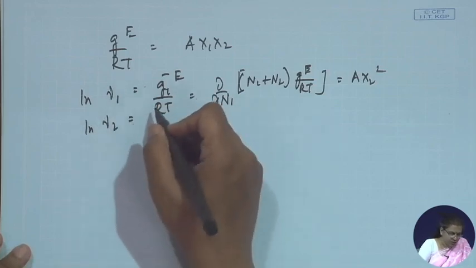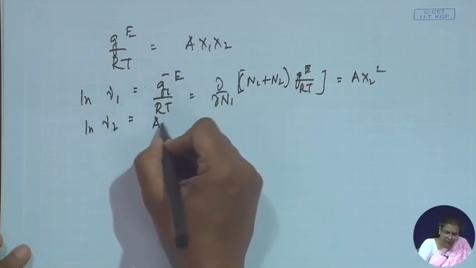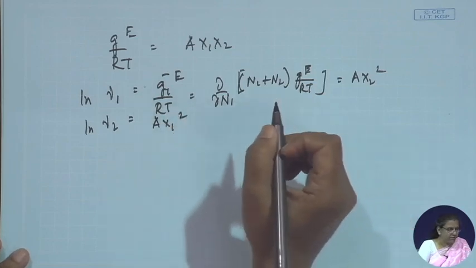The choice is yours, and we find that ln gamma 2 is equal to A x1 square in this particular case.